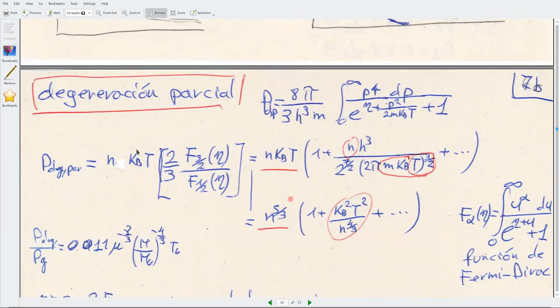In this case, you see here that it can be written in two ways. This is the general equation for the partial degeneracy.